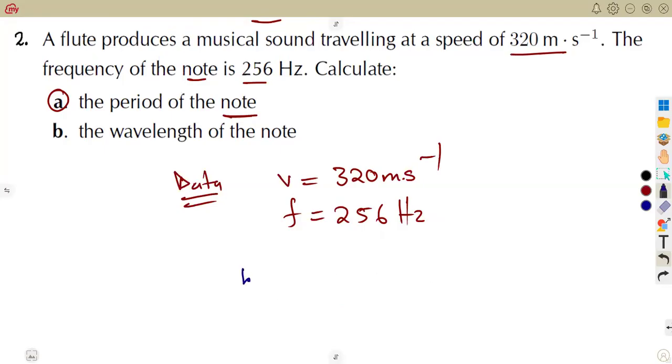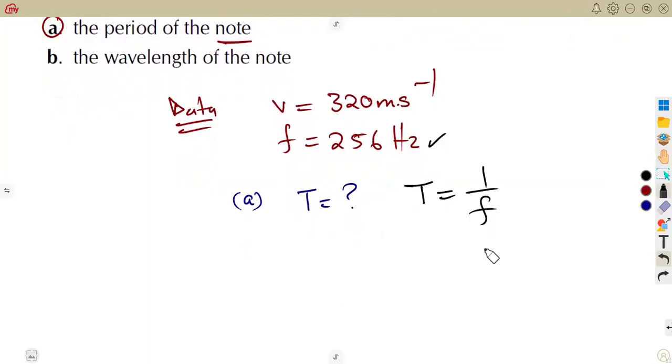All right, so how can we determine the period from the information that we are given? Remember, period T can be calculated if we've got frequency. The frequency is already there. From our previous class, we saw that T is equal to 1 over F, 1 over frequency. And in this case, the frequency is given. So we are going to calculate our period, which is measured in seconds.